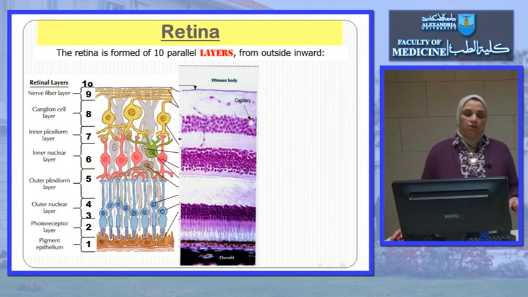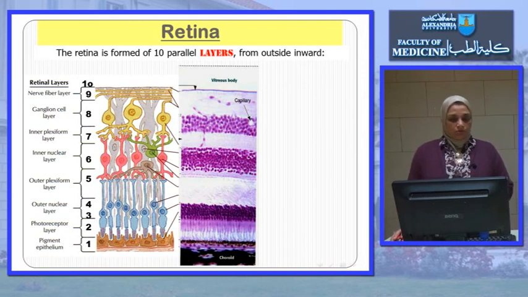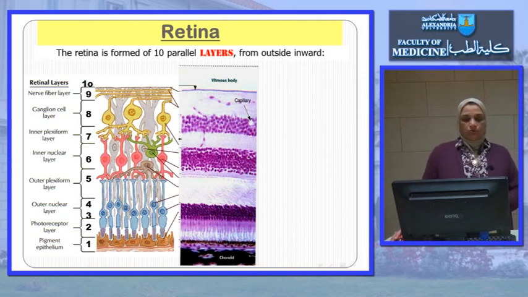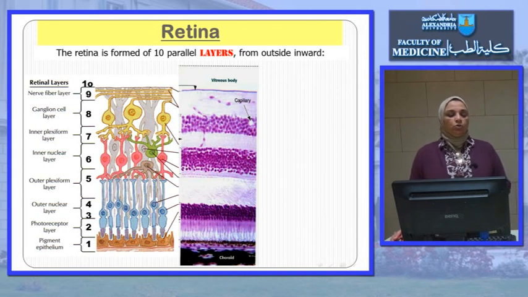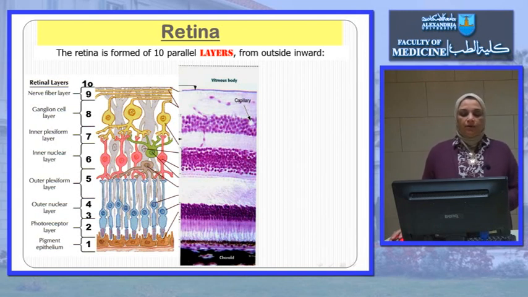So now we know there are rods and cones, the photoreceptors, two types of cells, and then there are conducting neurons, one of which is the bipolar cell, spindle shaped as you can see, with a cell body, one process acting as a dendrite and the other as an axon. These bipolar cells, together with other cells I mentioned, will synapse in this layer, called the outer plexiform layer, this faint layer.